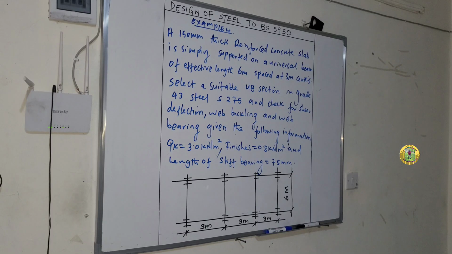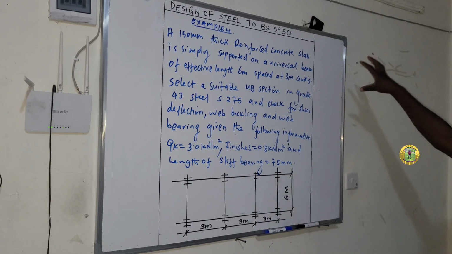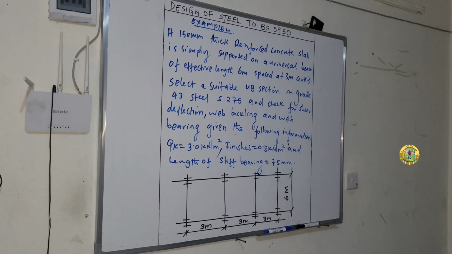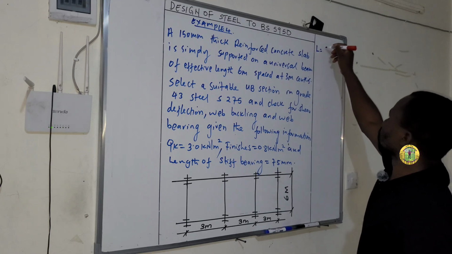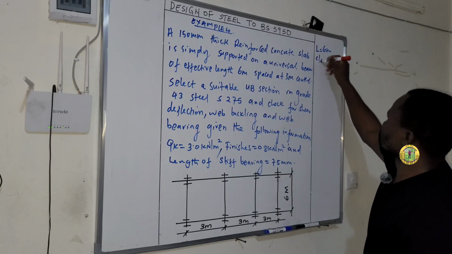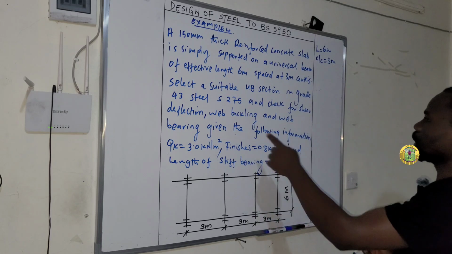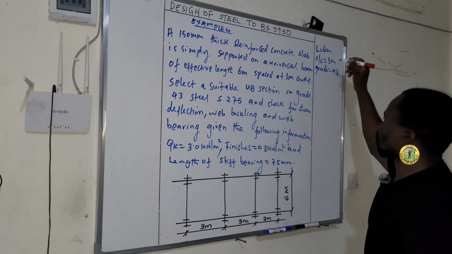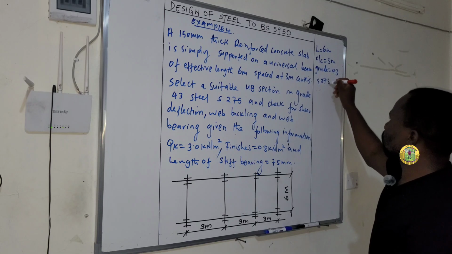Before I begin solving this question, I want to capture the most important information on this column so that I can rub here and create more space for our calculation. So the length is equal to 6 meters, and the center to center distance is 3 meters. The grade is 43, and the strength of this steel is S275.